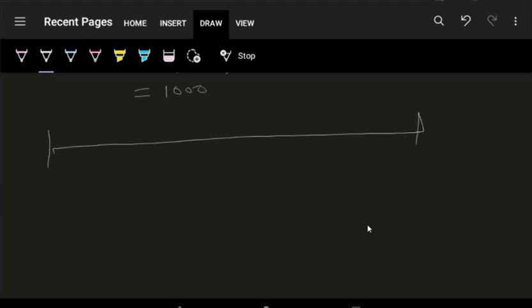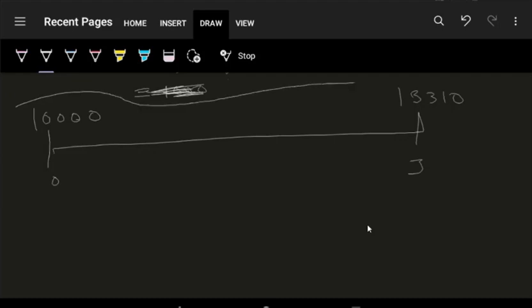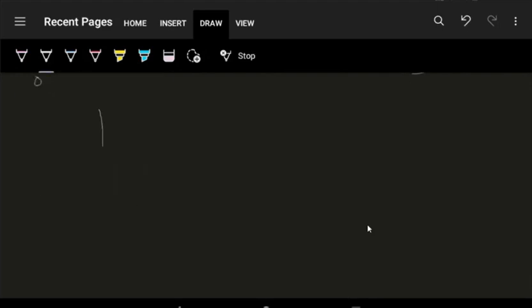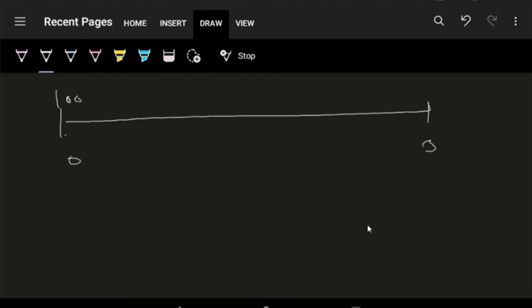So suppose I want to discount this amount here, I want to discount it back to time 1.